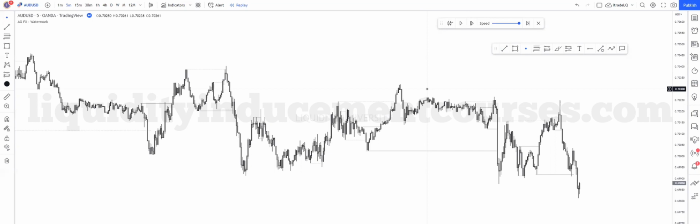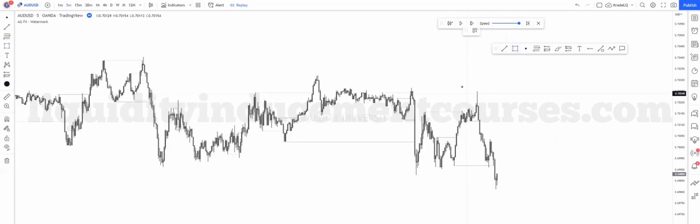We have to see what looks better for us. Every single person is going to have their own view at the end of the day, right? So for example, you may not like this. Maybe you're like, well, I don't like it because of that wick. I don't like it because of this, right? Every person has their own excuse of why they would or would not take a trade, because everyone's different.